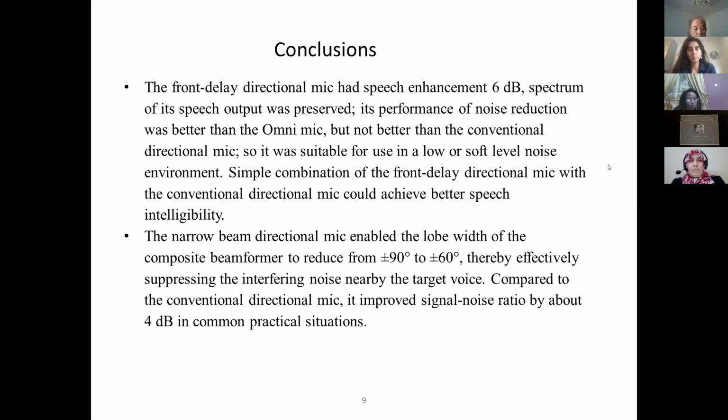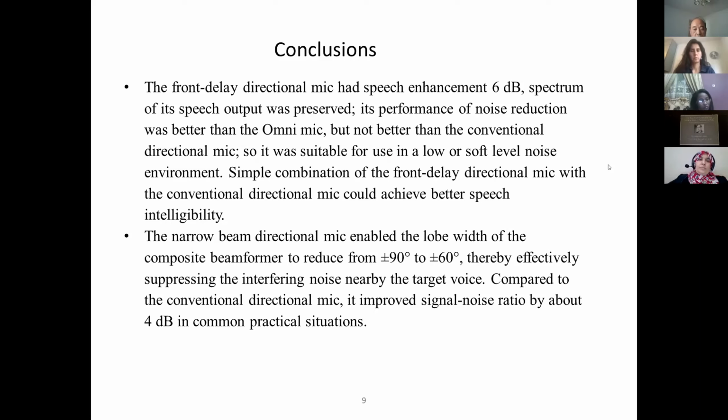The narrow beam directional mic enabled the width of the composite beamformer to reduce from plus minus 90 degrees to plus minus 60 degrees, thereby effectively separating the interfering noise nearby the target voice.